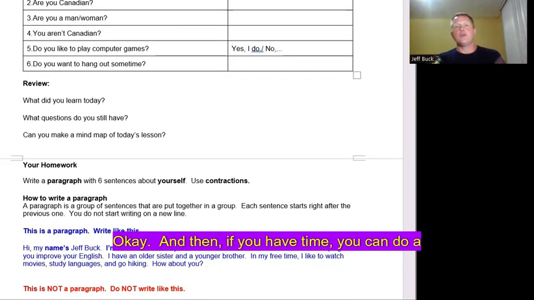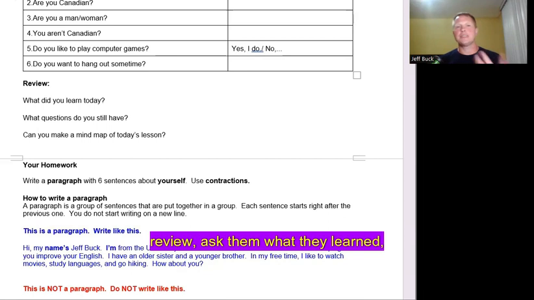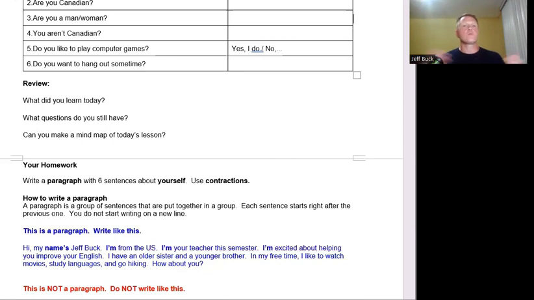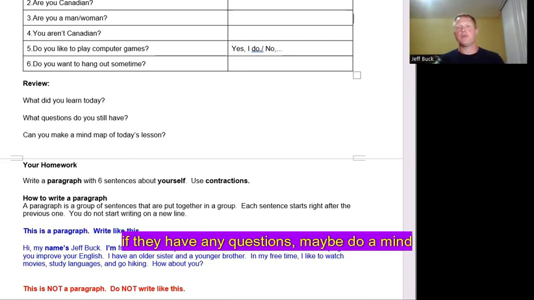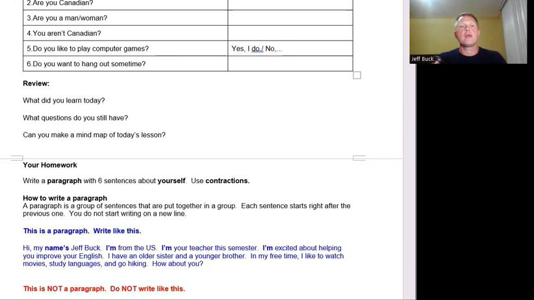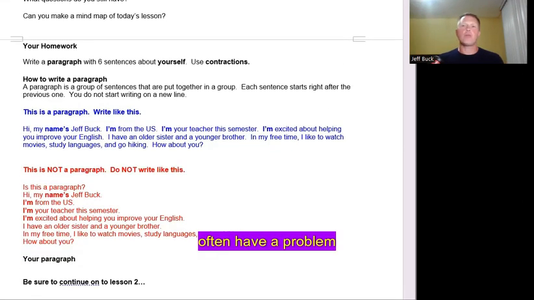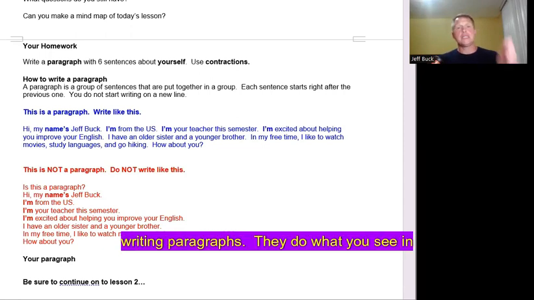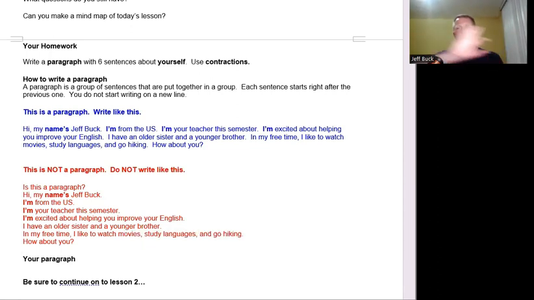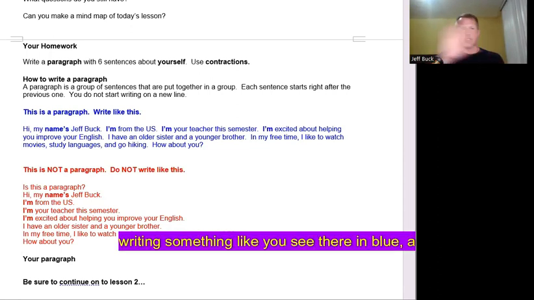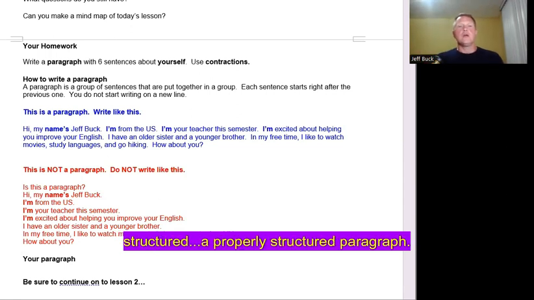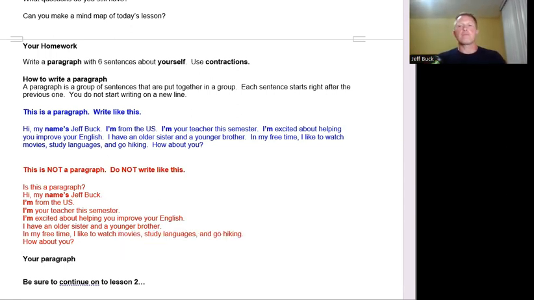And then if you have time, you can do a review, ask them what they learned. If they have any questions, maybe do a mind map or something. And then for homework, there's writing. Koreans often have a problem writing paragraphs. They do what you see in red. They just list their sentences instead of writing something like you see there in blue, a properly structured paragraph.